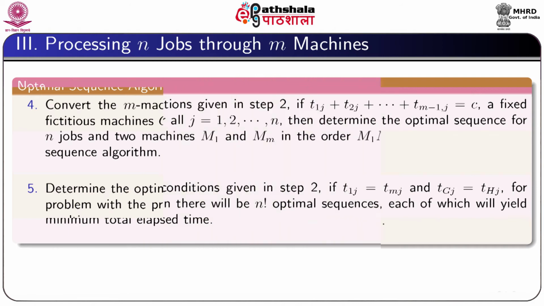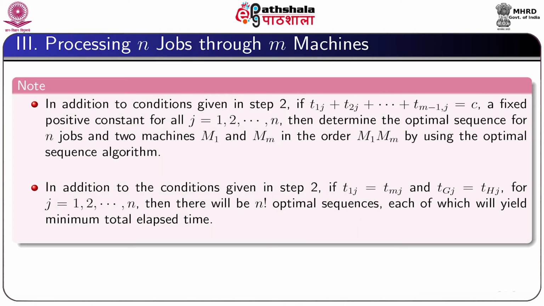Here one thing is to be noticed: in addition to the conditions given in step 2, if T1j plus T2j plus dot dot dot plus Tm minus 1,j is equal to C, a fixed positive constant, for all j equal to 1 up to n, then we have to determine the optimal sequence for n jobs and 2 machines M1 and Mm in the order M1, Mm by using the optimal sequence algorithm.